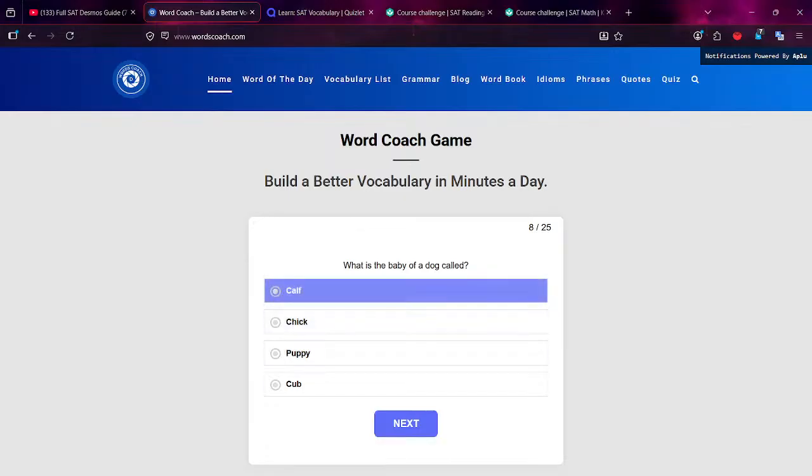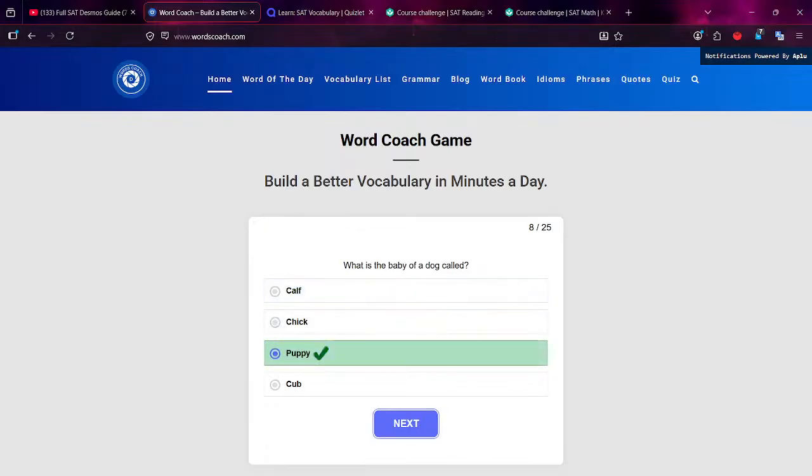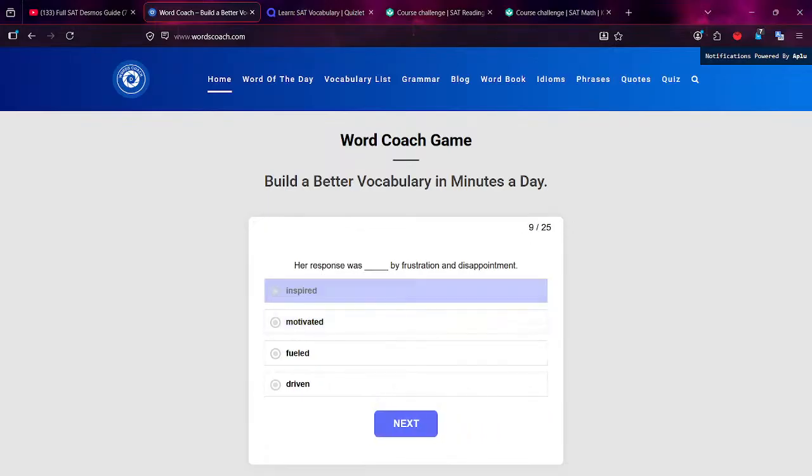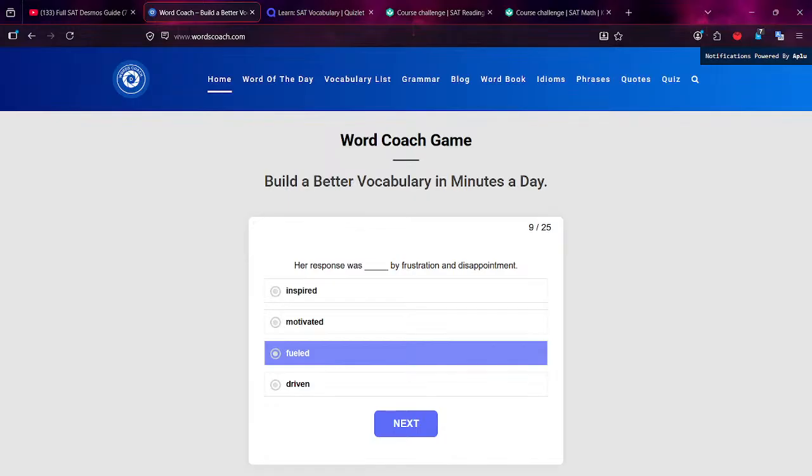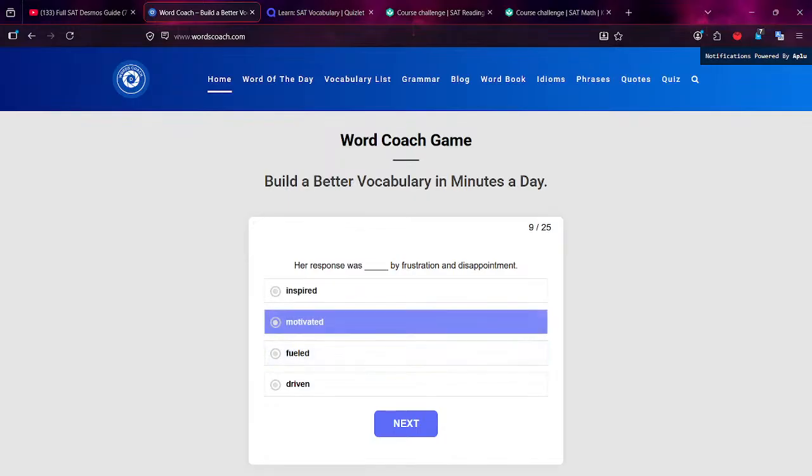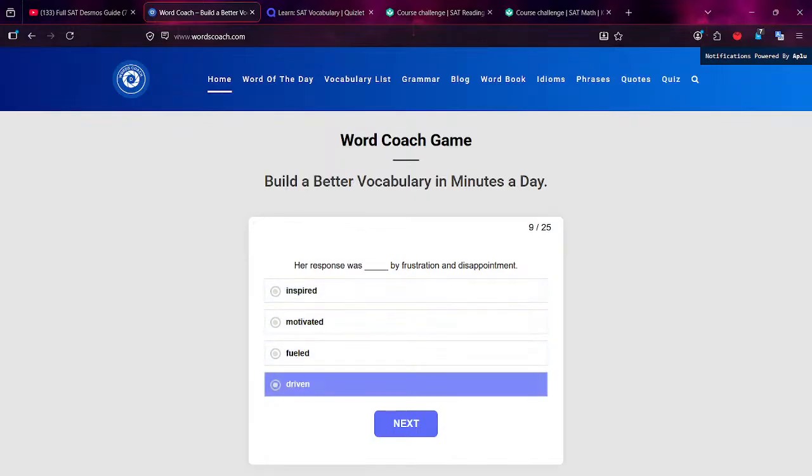What is the baby of a dog called? The baby of a dog. That's going to be a puppy. Yeah. Her response was blank by frustration and disappointment. Her response was fueled, motivated, inspired, or driven.